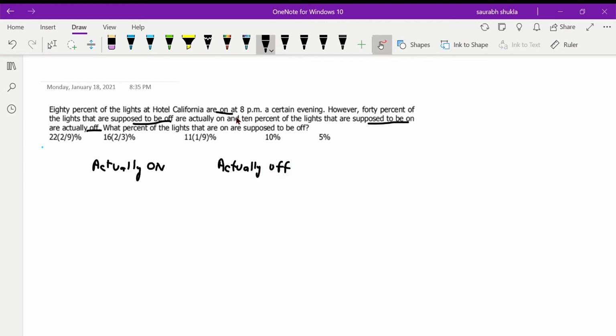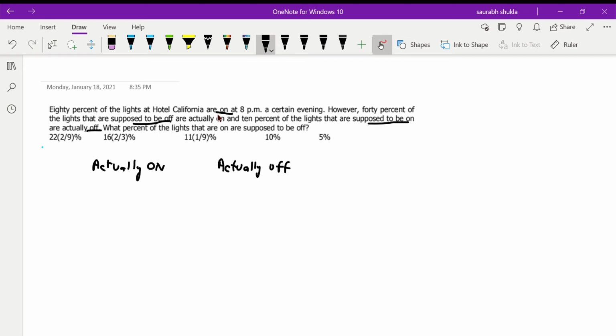Now you see there is some common area between lights that are on but were supposed to be off, and lights that are off but were supposed to be on. That means there is some overlap between actually on and supposed to be on, and actually on and supposed to be off.